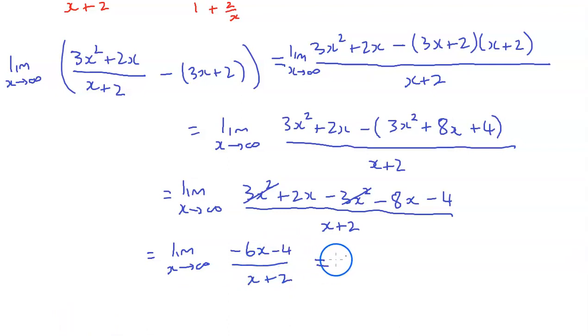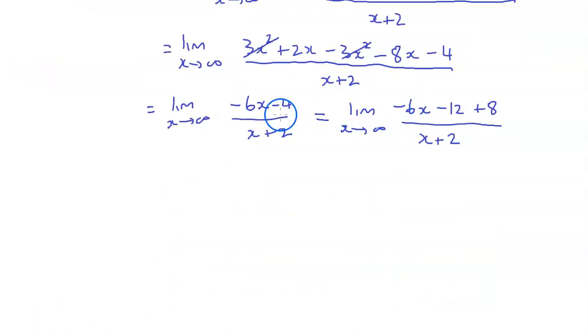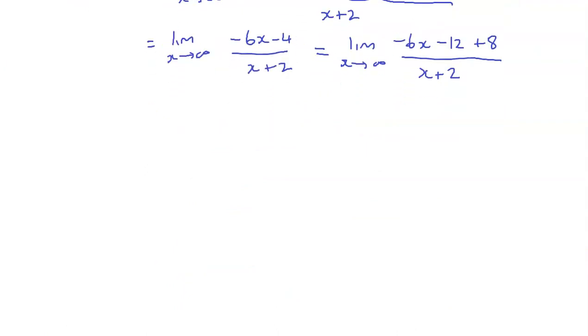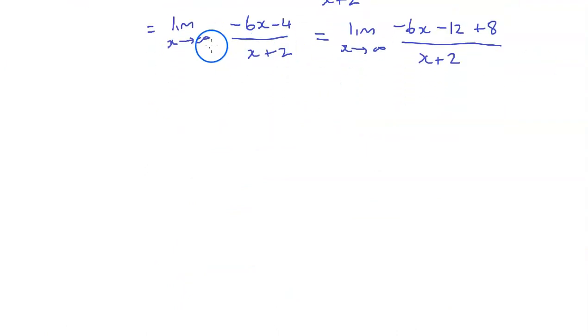And to figure this out, limit as x tends to infinity, we can make it negative 6x minus 12 plus 8 divided by x plus 2, just to get rid of that fraction. Well, the fraction with x's in the denominator and numerator anyway.